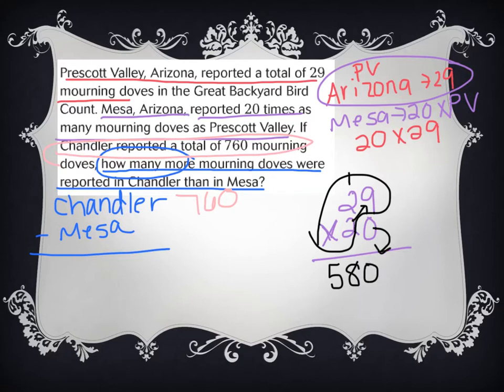Add the 0 to my answer, and there's 580. To solve my problem, I had to subtract the birds in Chandler minus the birds in Mesa, so 760 minus 580. I'm going to regroup, and 16 minus 8 is 8, and 6 minus 5 is 1, giving me 180 more mourning doves.